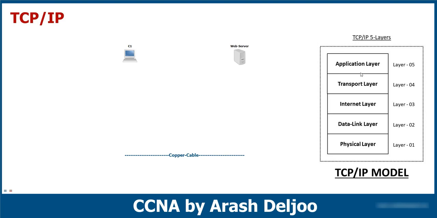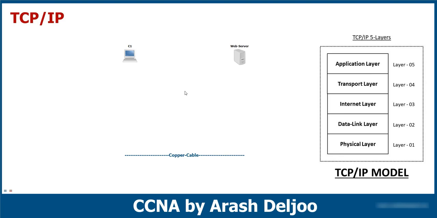First, I'm going to talk about the application layer. Why? Because this is the first layer that interacts with the applications on your PC. You know that for each task on the network, we need one application. For example, when you want to send your email, or when you want to see a web page, or when you want to share a file between your system and another system, you need some application.